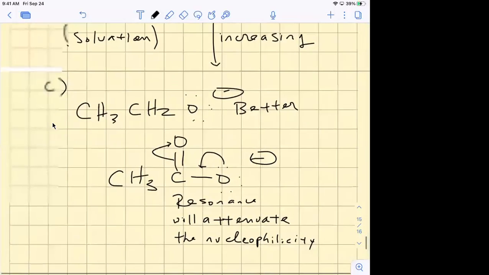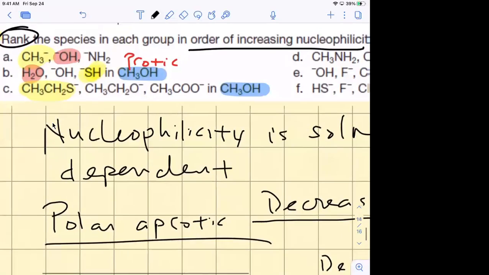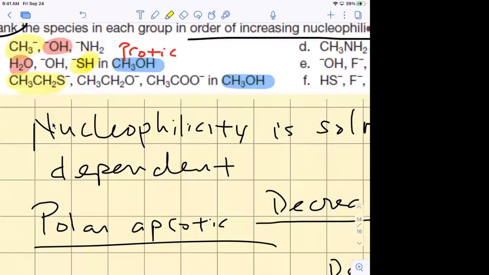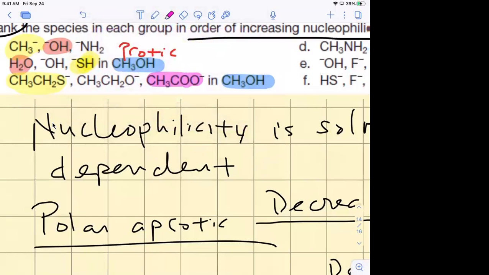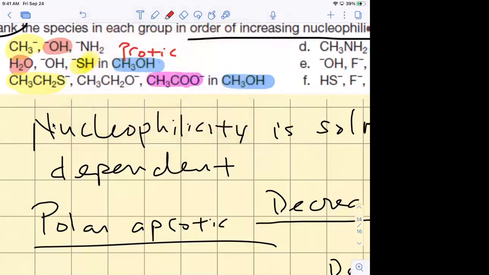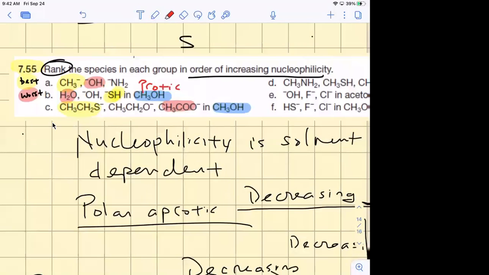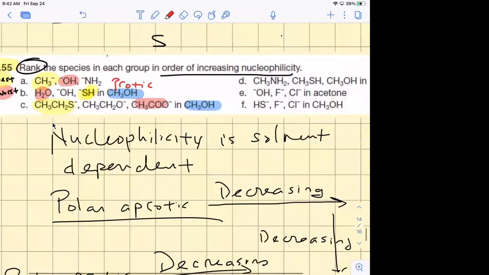All right, so we go back to the problem of those two, which one is the worst? The last one. Acetate, and that's the wrong color, sorry. Right. So again, the sulfur nucleophile is best, and then acetate is the worst.